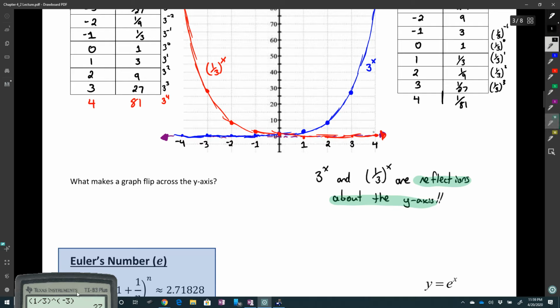But if you remember from exam 1, when we were doing transformations, we learned that f of negative x was a flip across the y-axis, a horizontal flip.